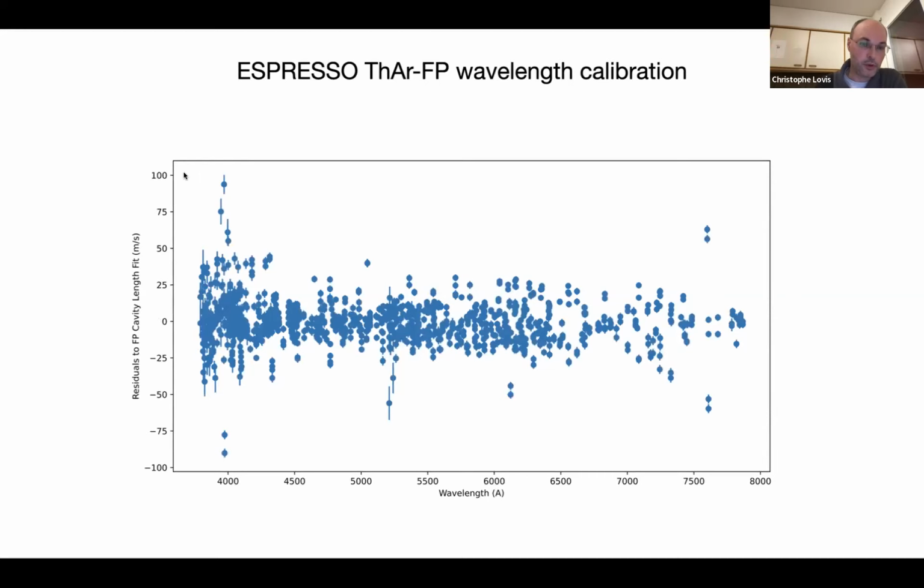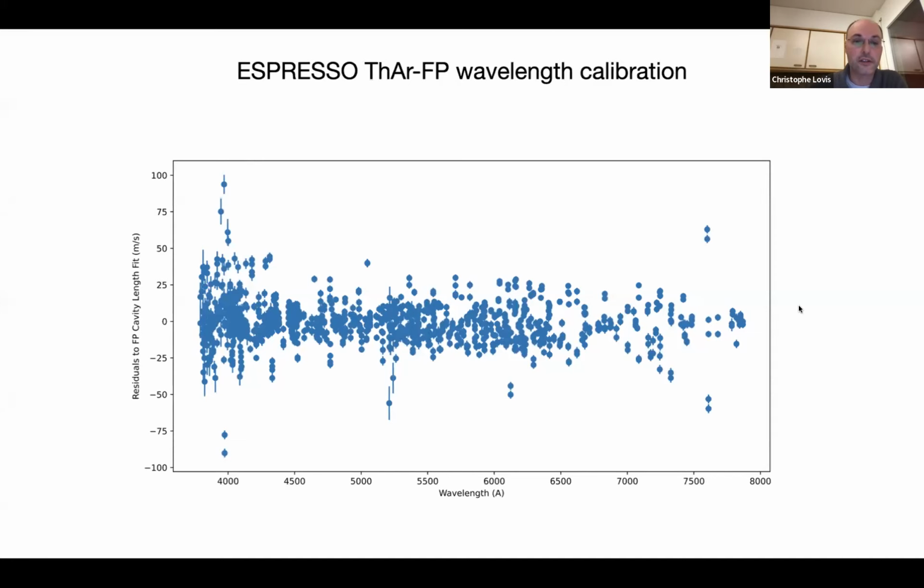It's expressed in meters per second now. And so you see on the large scales, it's pretty flat. But of course, we are not photon noise limited here. We are systematics limited. Most of the time, the error bars are much smaller than the dot size, actually.